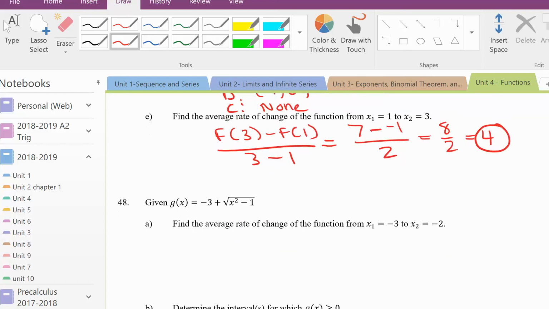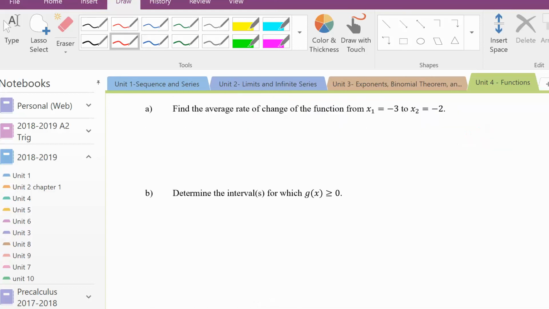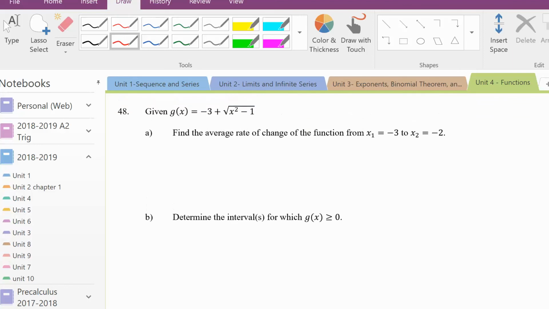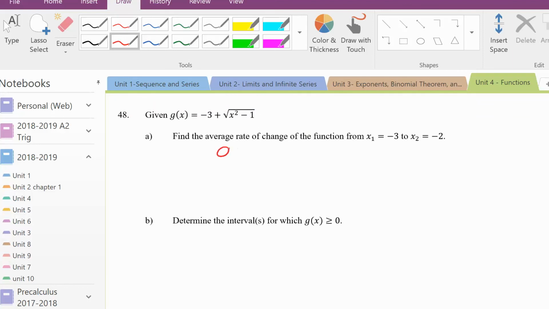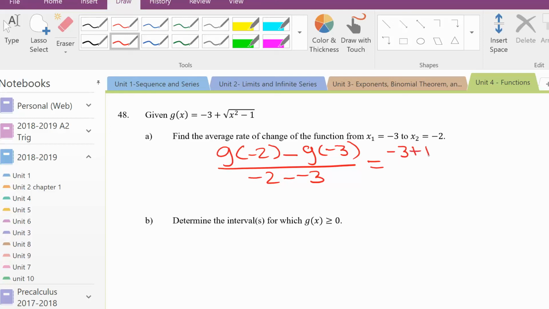Now, last but not least, finding the average rate of change of this function. So you have to go g of -2 minus g of -3 over -2 minus -3. G of -2, when you put -2 in, you get 4 minus 1, which is 3. So it's -3 plus rad 3. Minus, when you put -3 in, square it, you get 9 minus 1 is 8.